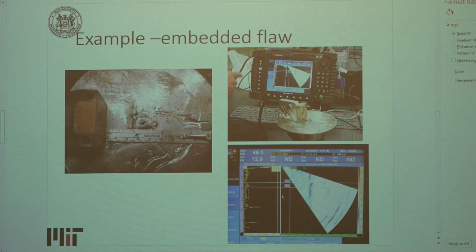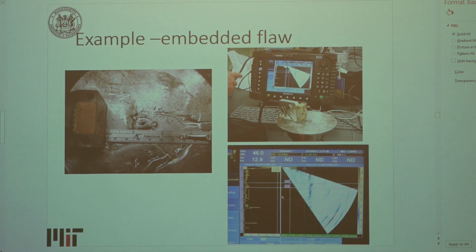We did it at a couple of frequencies, 5 megahertz, 10 megahertz, and maybe 17 or 18 megahertz, to see at different frequencies how the resolution and the data in the output changed.